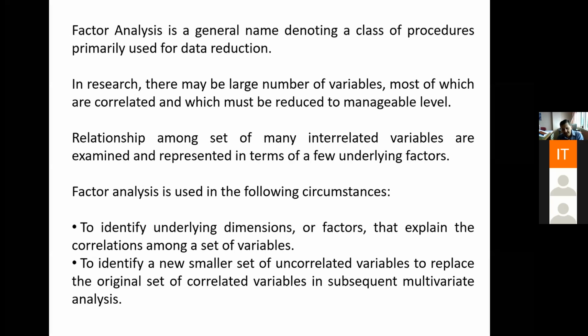If I run a regression with 30 independent factors, will it make sense? No. But if those items are reduced to 5 factors, now I can conveniently run my regression analysis to see the effect of the independent variables on the dependent variable.